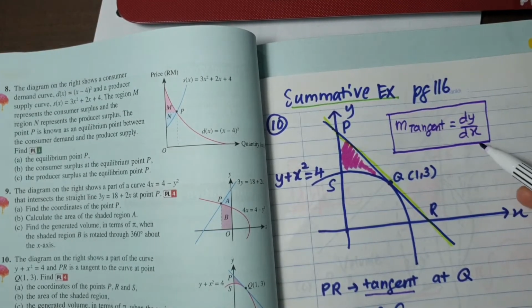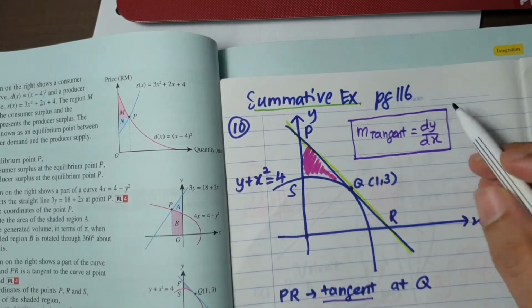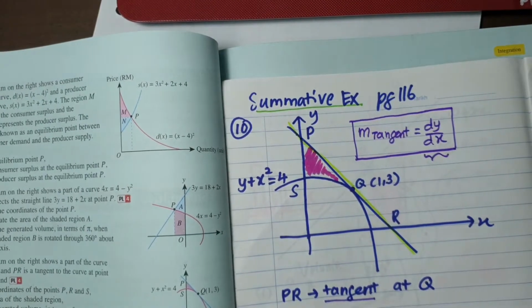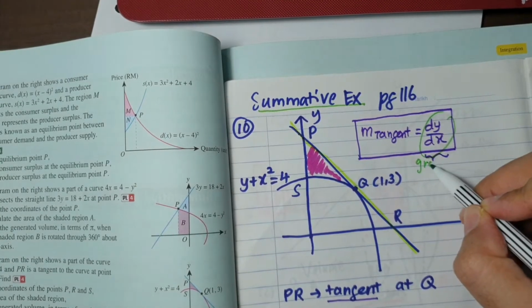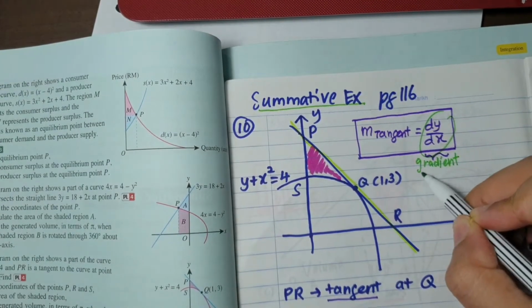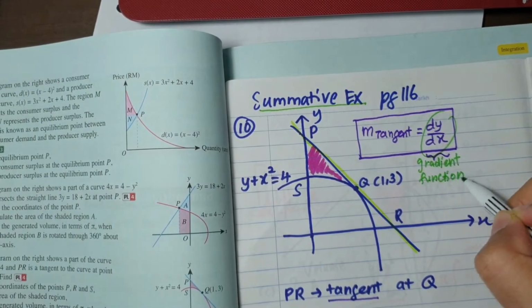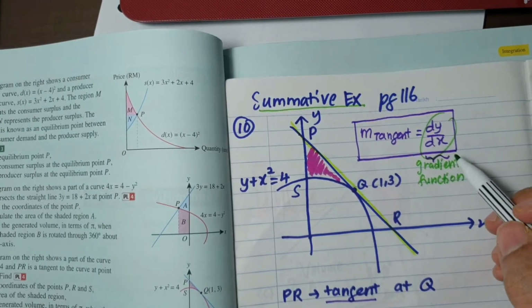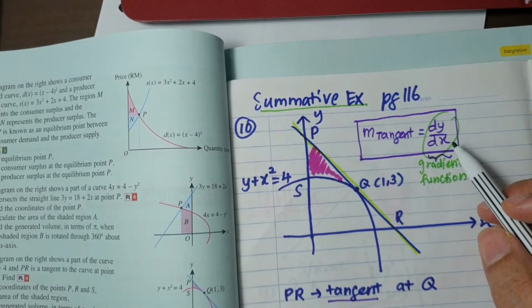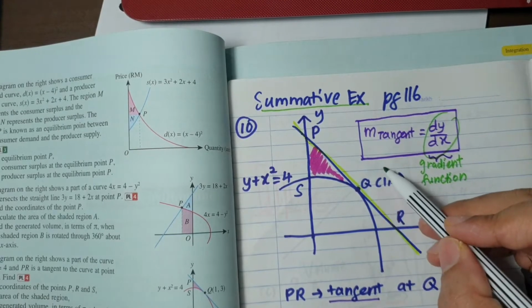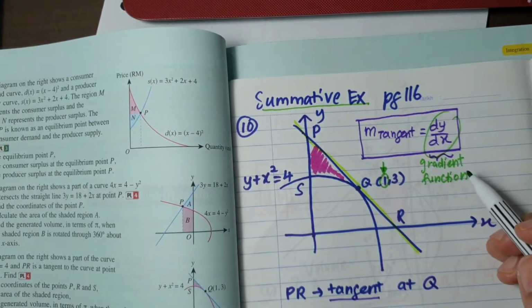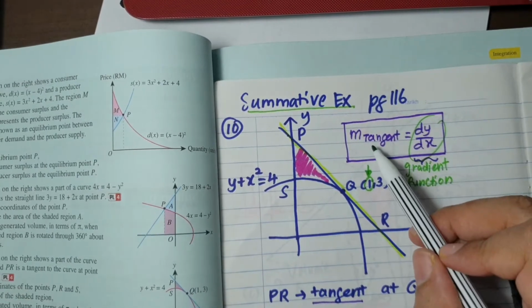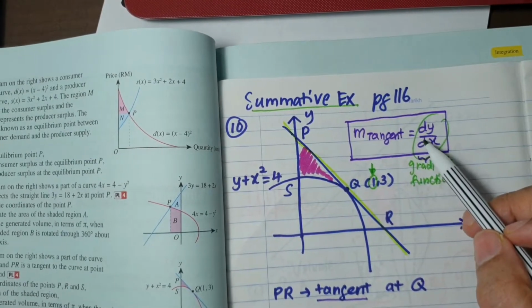You need to find dy by dx. dy by dx is known as the gradient function of the curve. So how to get the value of the gradient? Put in the x coordinate. Let's say at point Q, put in the x coordinate at point Q and you will get the value of the gradient. So first, find dy by dx.